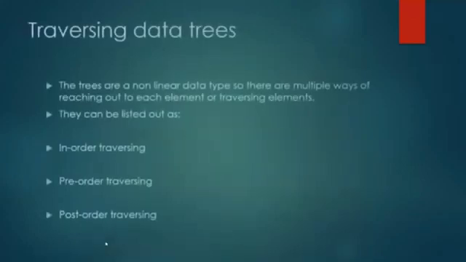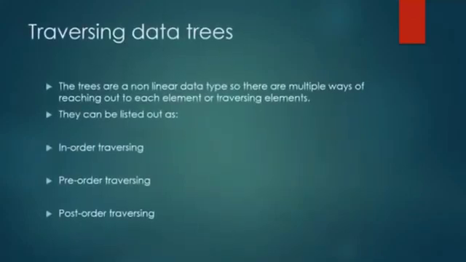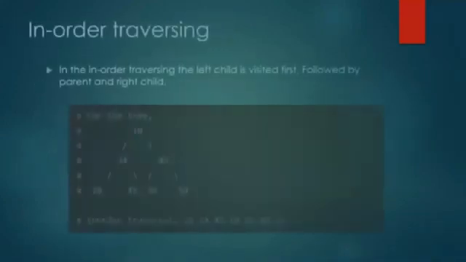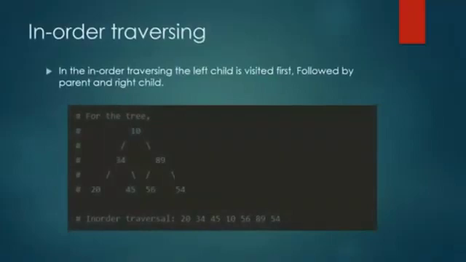Trees are non-linear data types, with multiple ways of reaching each element, or traversing elements. They can be listed as in-order traversal, pre-order traversal, and post-order traversal. In in-order traversal, the left child is visited first, followed by the parent and the right child.